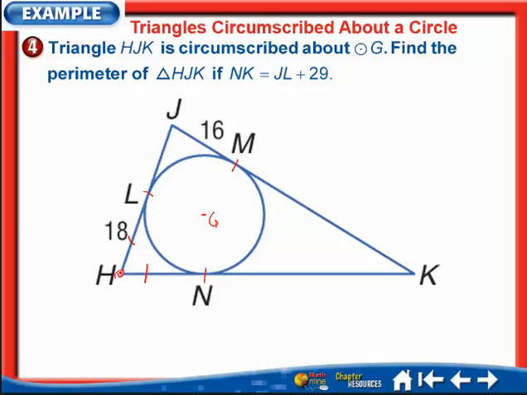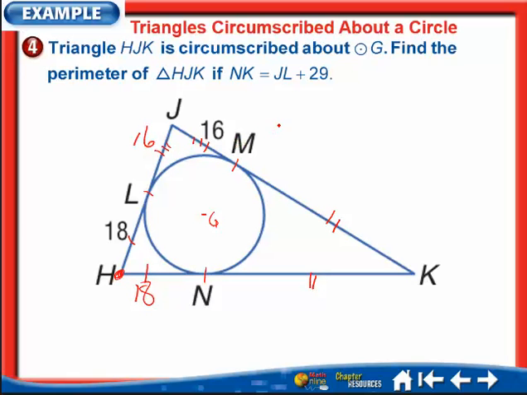So here's an external point H. H to L is going to be the same as H to N. They have to start at the same point. So this would be 18. K to N is going to be the same as K to M. And J to M is going to be the same as J to L, which is going to be 16.